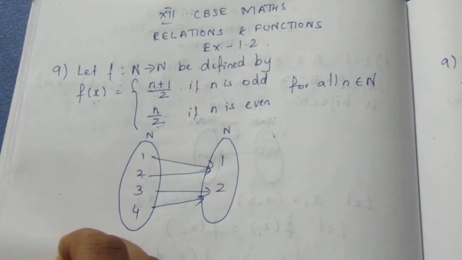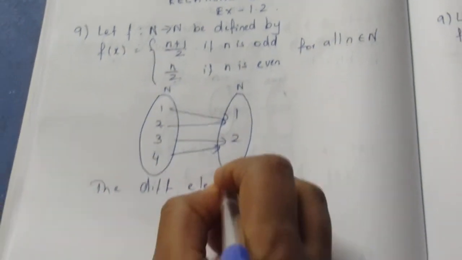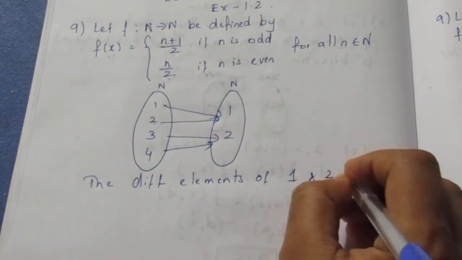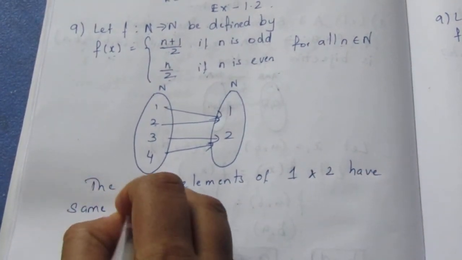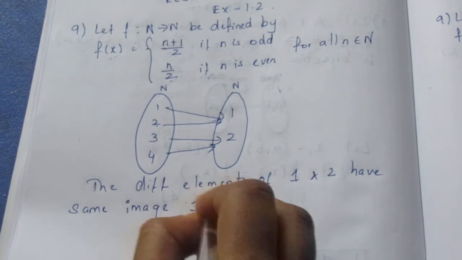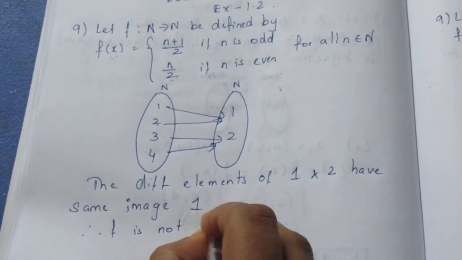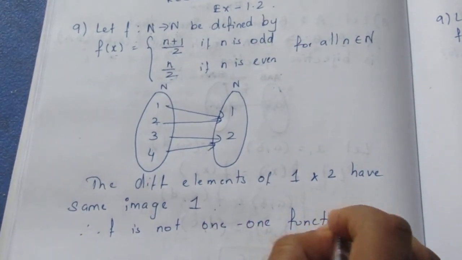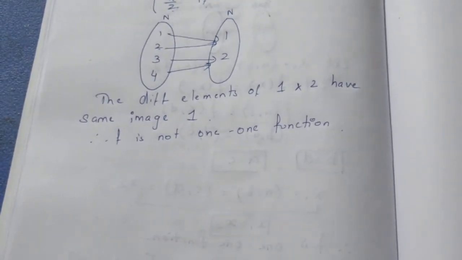So the different elements 1 and 2 have the same image 1, therefore f is not a one-to-one function.